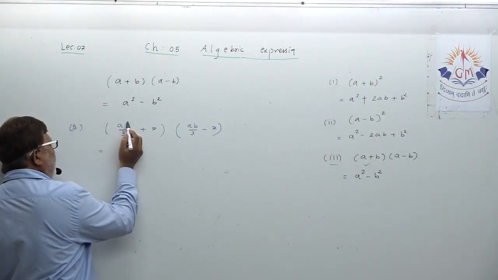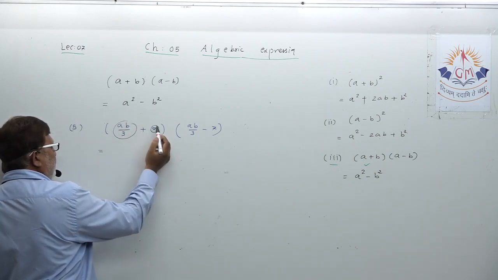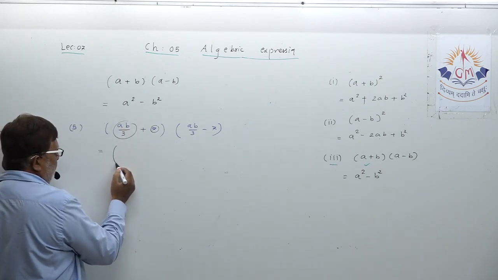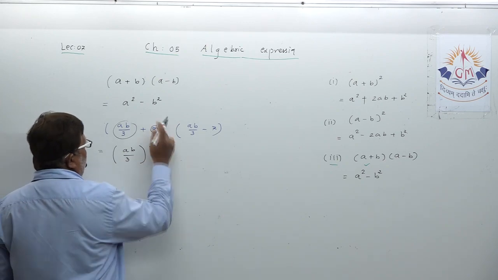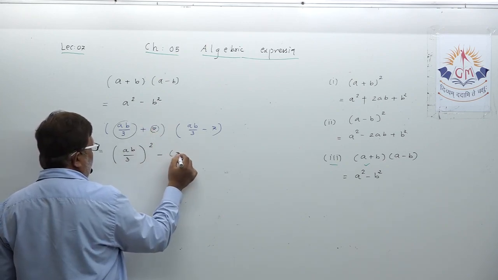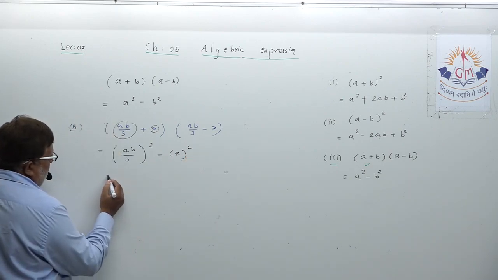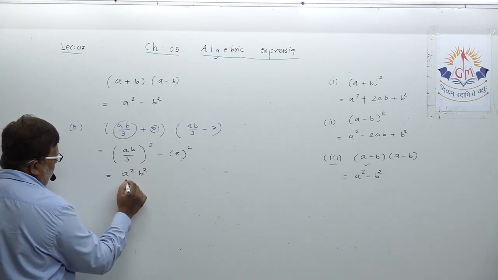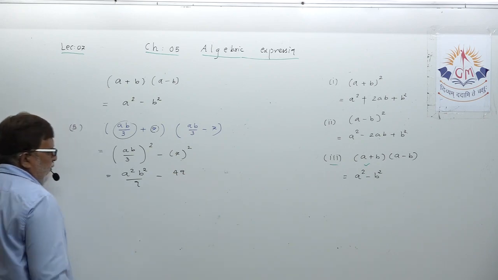What you will consider as a: ab upon 3. What you will consider as b: 7. a square, instead of a you will write ab upon 3 whole square, minus b square, instead of b you will write 7 square. Now if you simplify, it is a square b square upon 9 minus 7 square, that is 49.